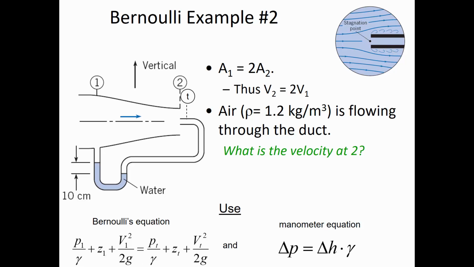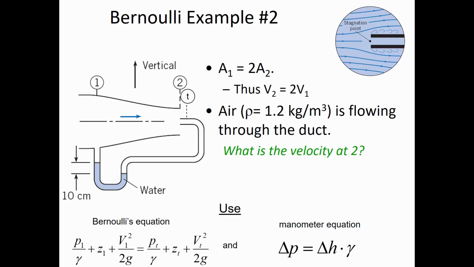So we can simplify Bernoulli's equation to be P1 divided by gamma plus V1 squared divided by 2g is equal to Pt divided by gamma, and then rearrange that, P1 plus density times V1 squared divided by 2 is equal to Pt.